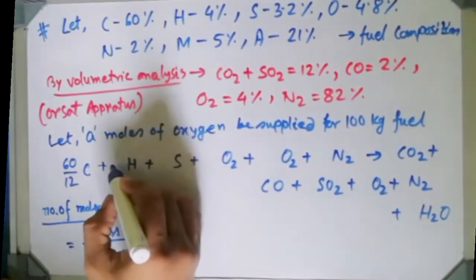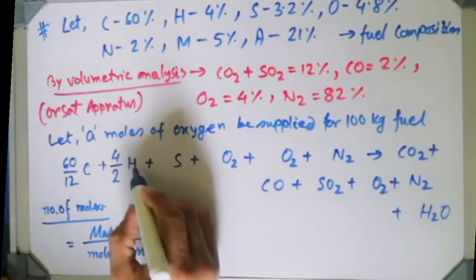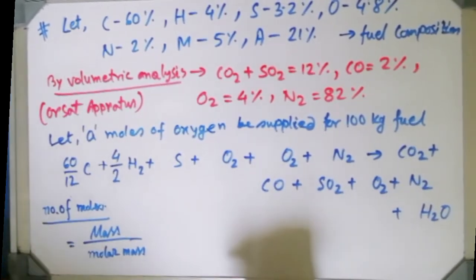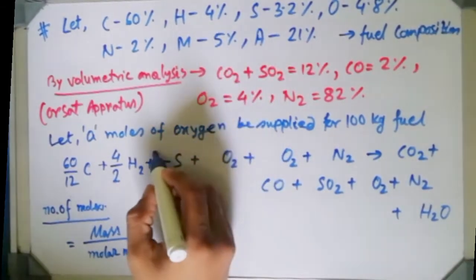Then sulfur is given as 3.2%, so 3.2 divided by 32, the molar mass of sulfur. Then oxygen, that is 4.8%, so 4.8 divided by again 32.